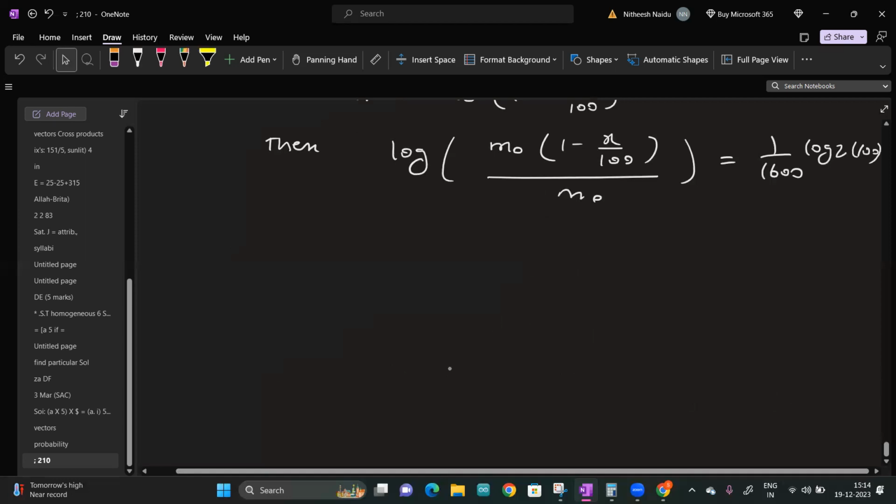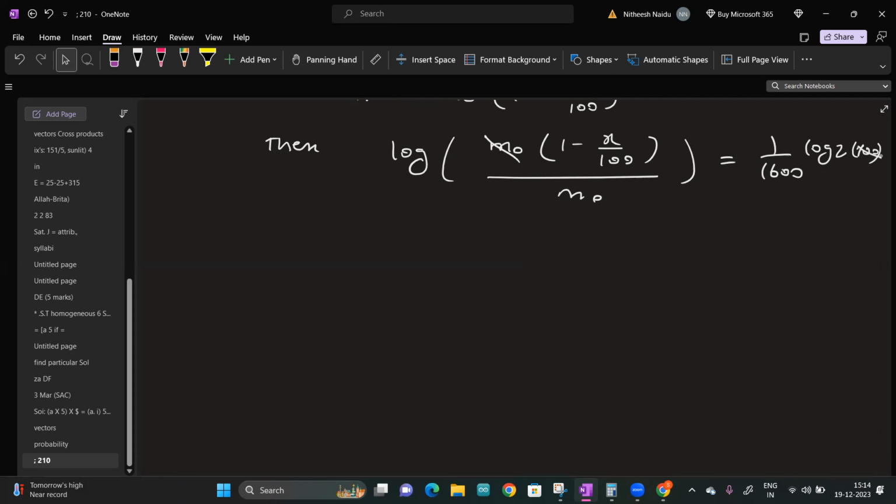M naught gets cancelled, and 1600 cancels against 100 to leave 16. So what is left: log of 1 minus X by 100 is equal to log 2 divided by 16.